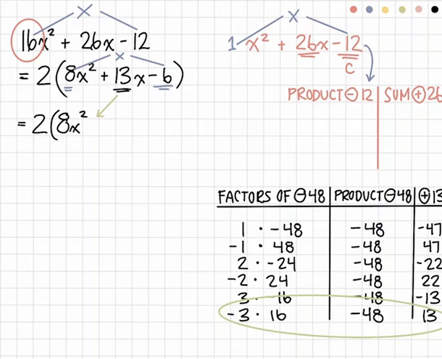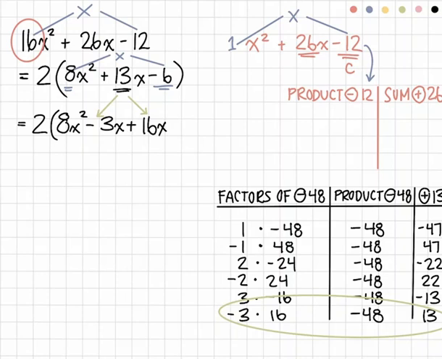So I'm going to write my negative 3x, and then I know my other term is what? Positive 16. So I'm going to write that over here, plus 16x.